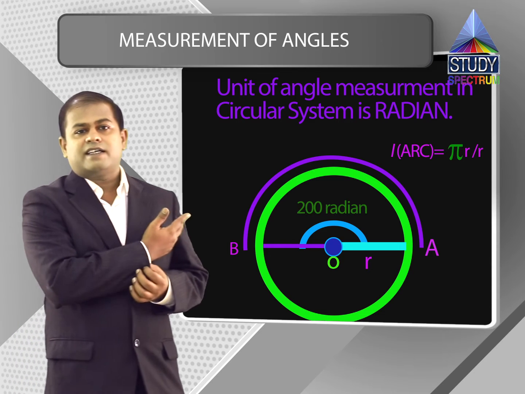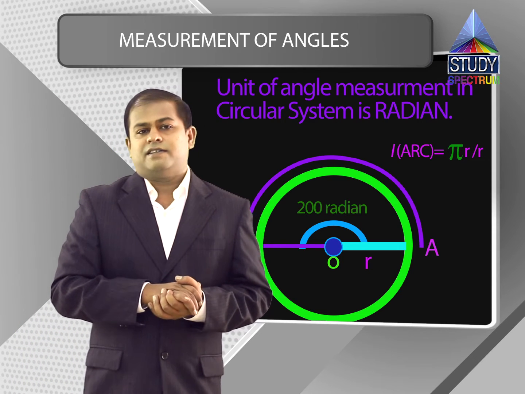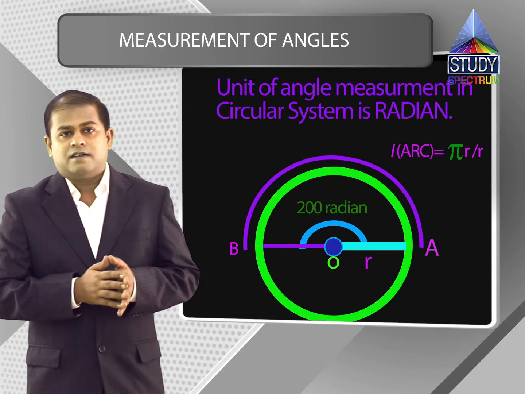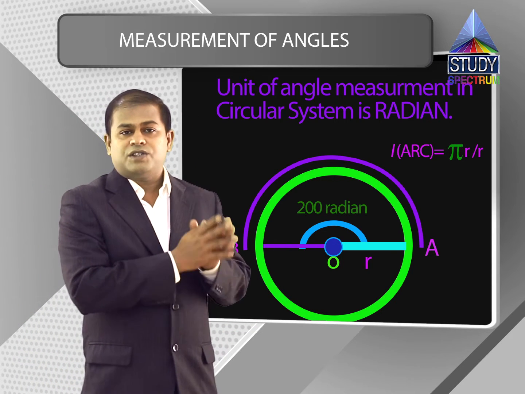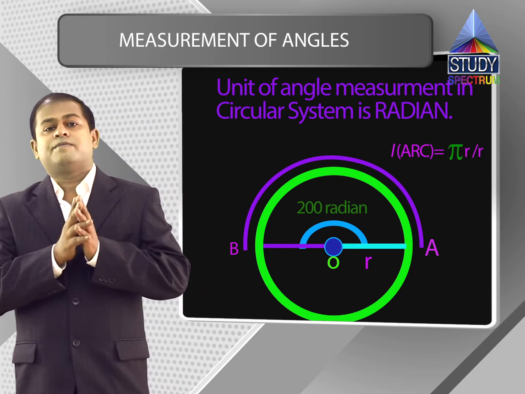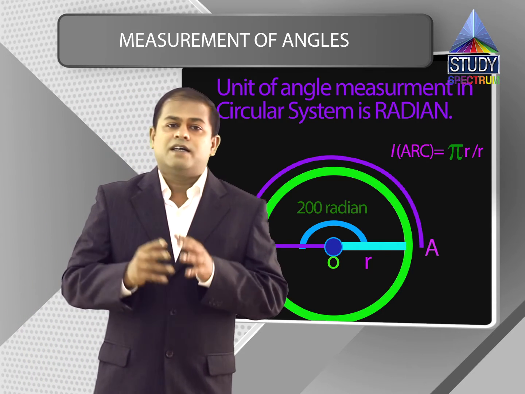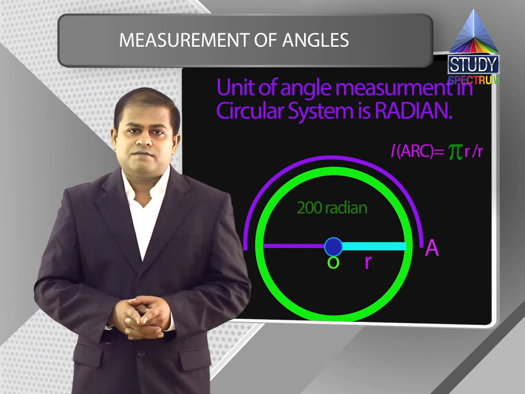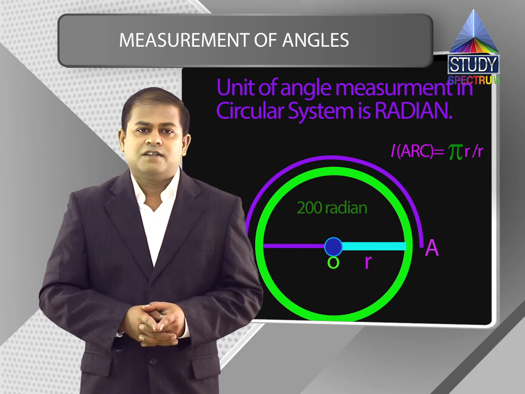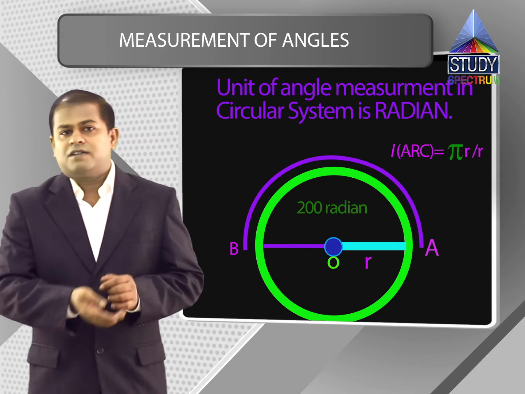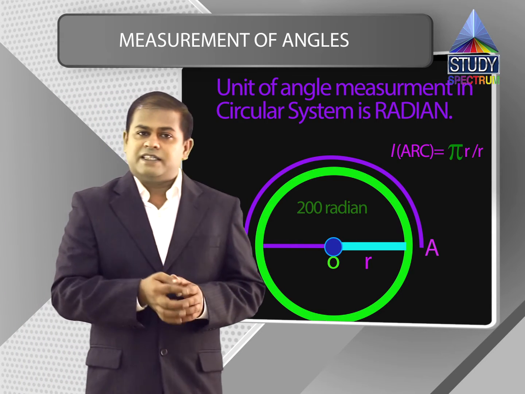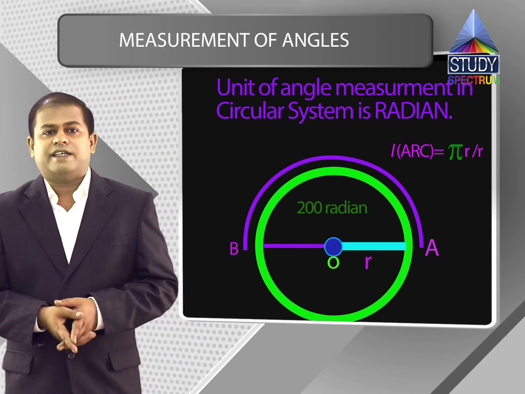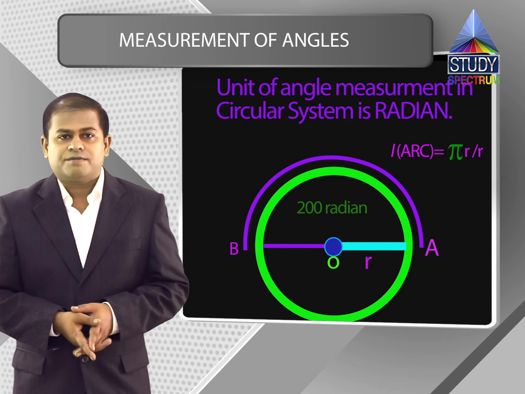So the measure of a straight angle is pi radians. The straight angle which was measured as 180 degrees in the sexagesimal system is pi radians in the circular system. Okay.